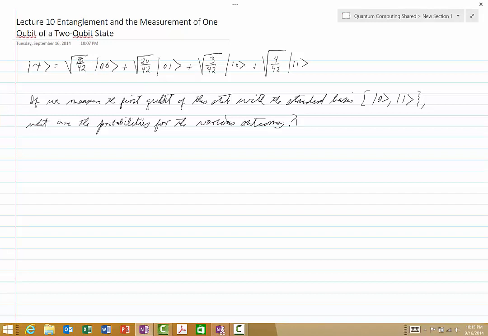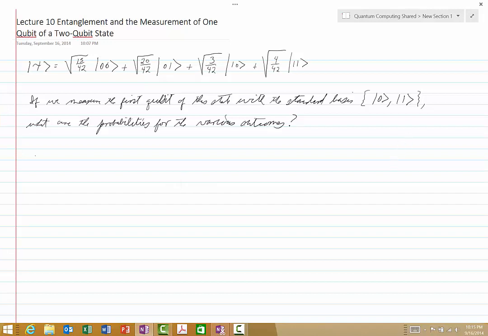And so now, having checked and verified that this is correct, since we're measuring that first qubit in the standard basis, which consists of 0 and 1, we know that those are the two possible outcomes for the first qubit, 0 and 1.